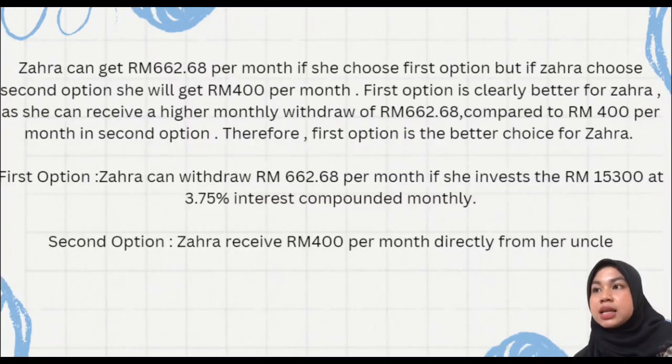So Zahra can get 662.68 ringgit per month if she chooses the first option.